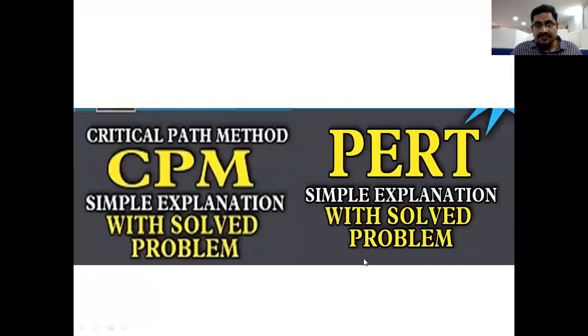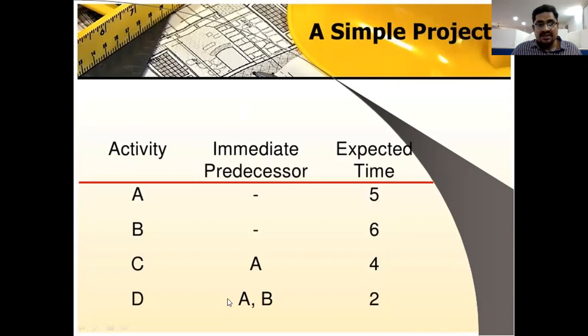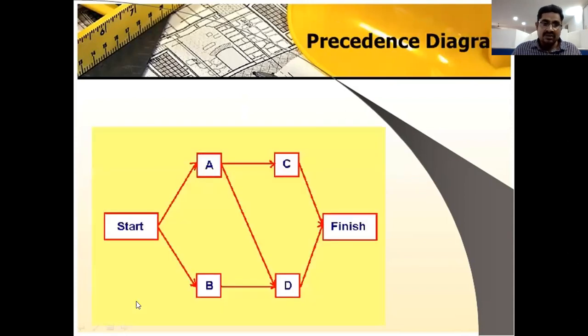Next, we need to draw D activity. Here we should ensure that A and B are completed. After A and B are completed, then D activity will appear. Look at this diagram. A and B completed here.